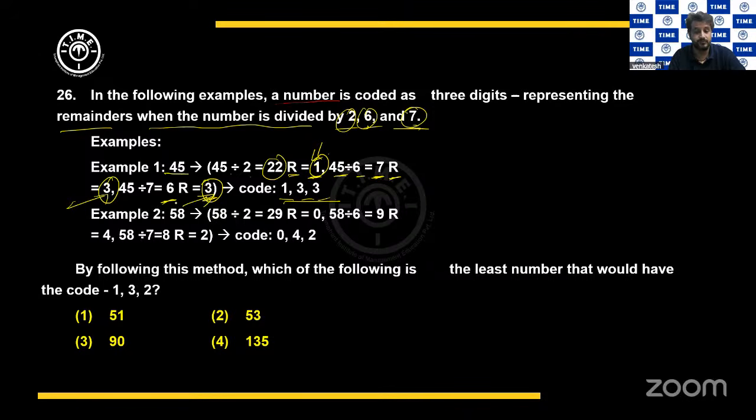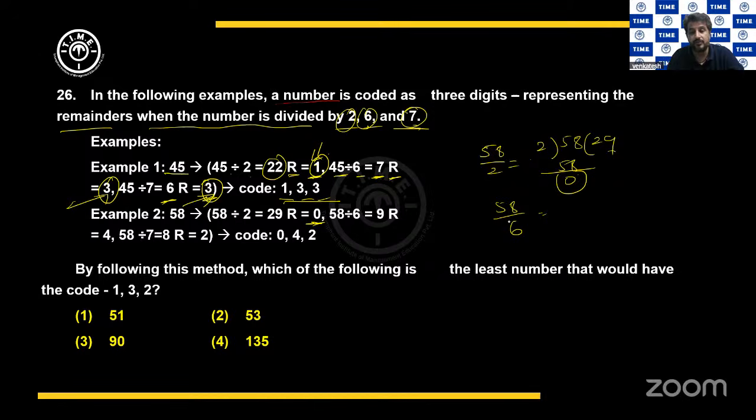Now example 2. 58. Again, it should be divided by 2, 6, 7. 58 divided by 2 is 29 times, and the remainder is 0. 58 divided by 6: it is not a proper multiple.